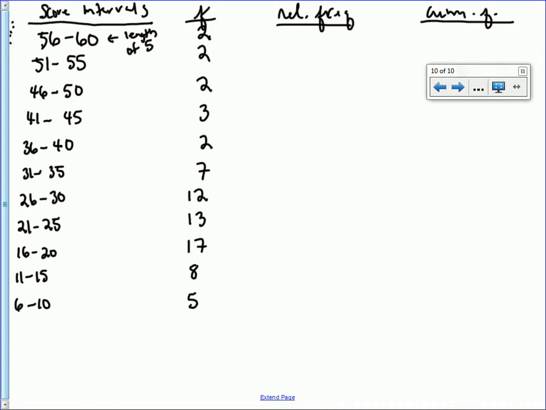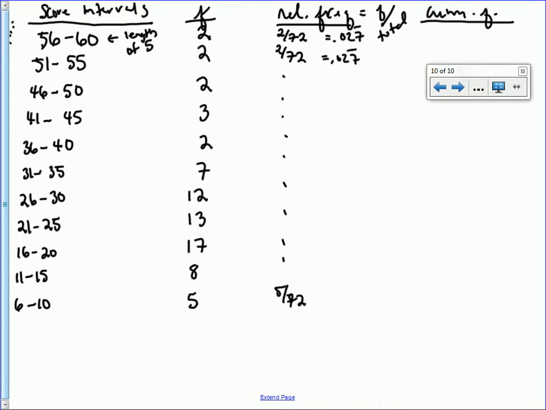The relative frequency happens to be equal to sort of a formula. It's the frequency over the total. So we know that the relative frequency here is 2 out of 72, 2 out of 72, and so forth until we come down here and we have 5 out of 72. And we usually use those in decimals, so this is 0.027.